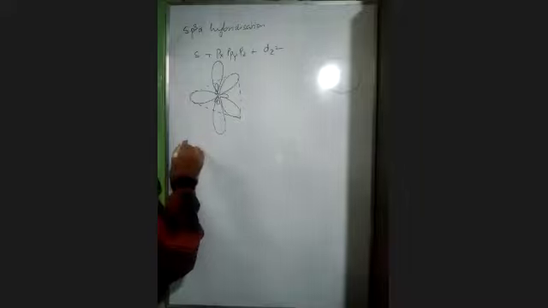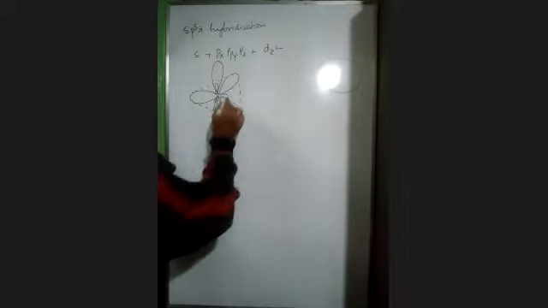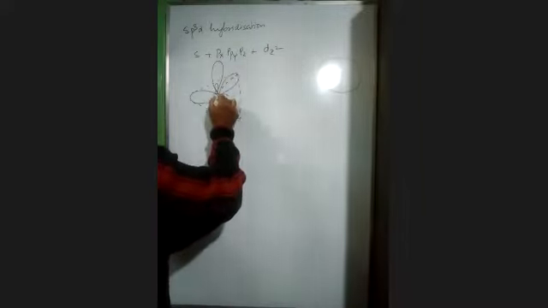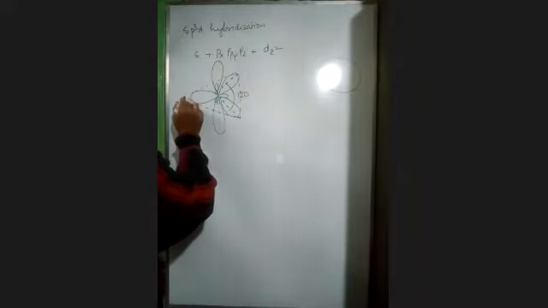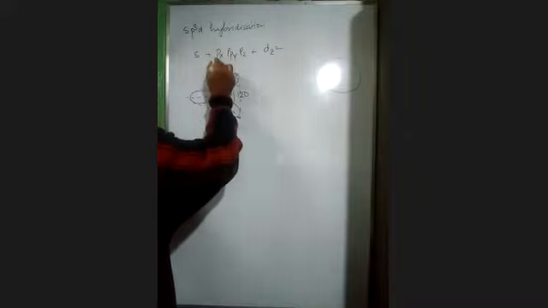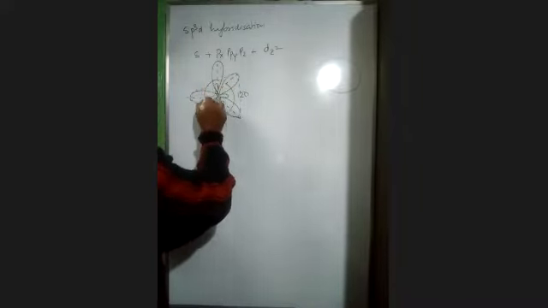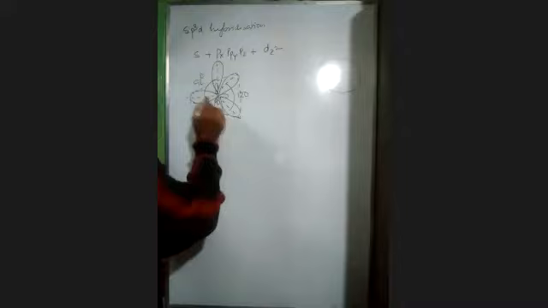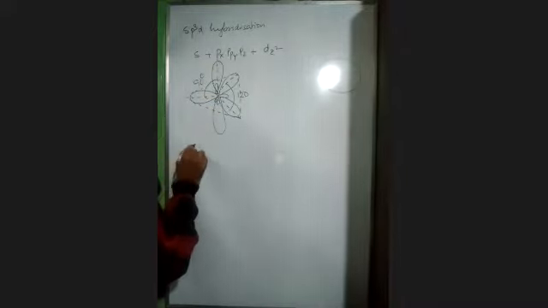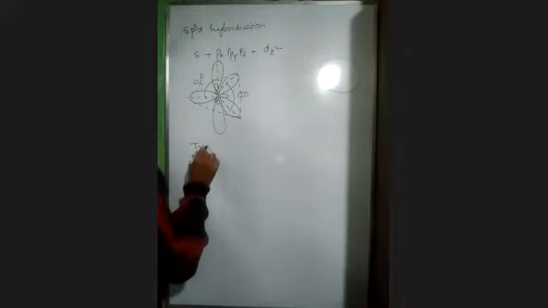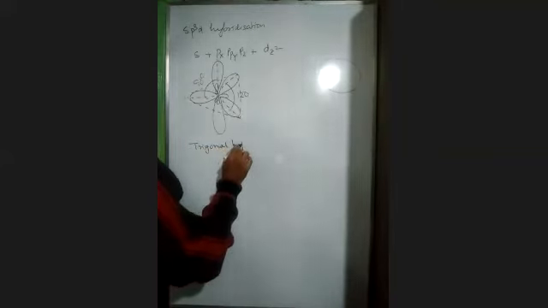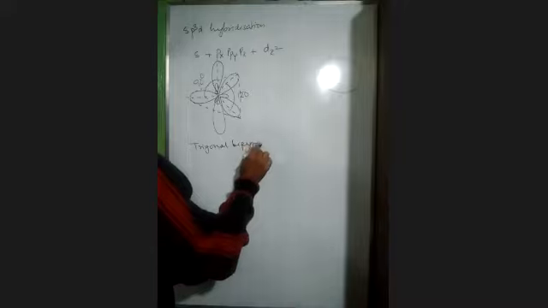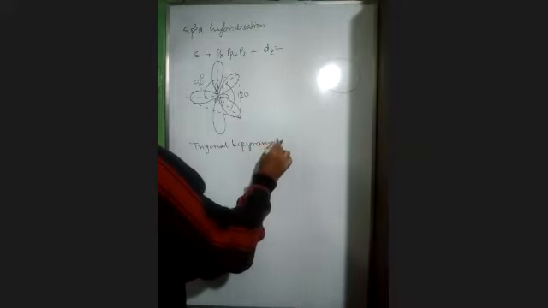Okay, so what is the shape here? See here. Here the angle is 120 degree. And here the angle is 90 degree. You know very well what the shape is. Shape is trigonal bipyramidal.